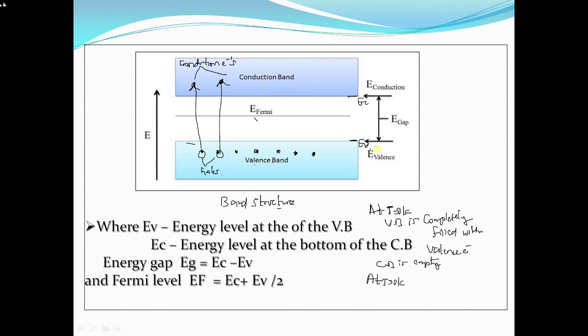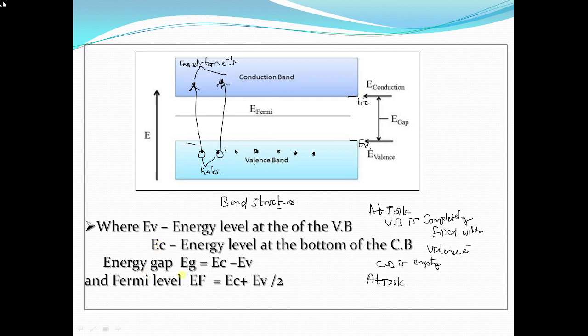Okay. Now see here, the Fermi level is referred to as the topmost occupied level at absolute zero temperature. This topmost occupied level lies at the middle of the valency band and conduction band.